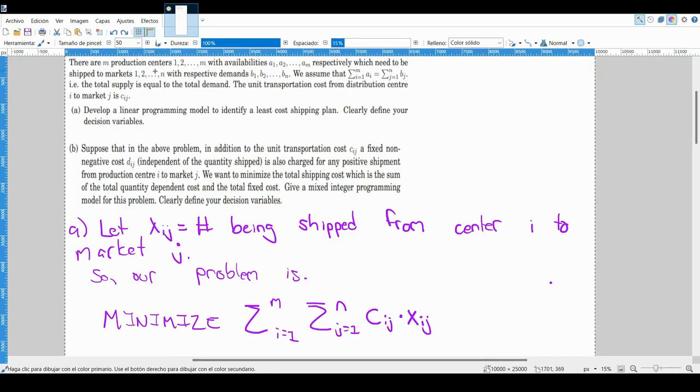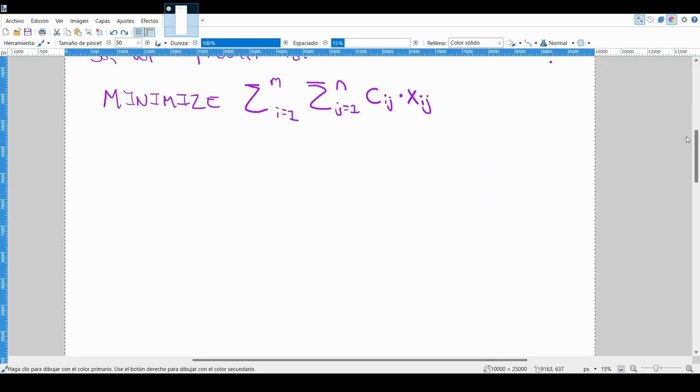So there's only going to be two constraints we have here. We want to make sure that the amount shipped from an arbitrary production center I is never going to exceed the amount available in I. So we can write that as subject to, first off, from J equals 1 to N, so we are going through each market.